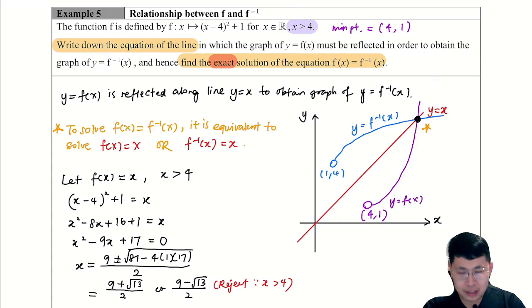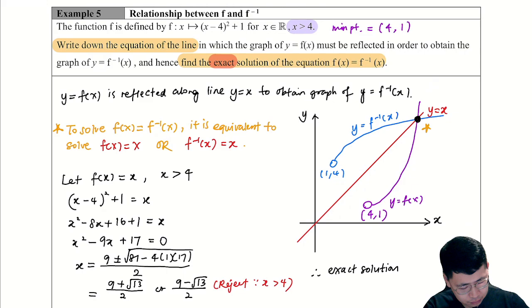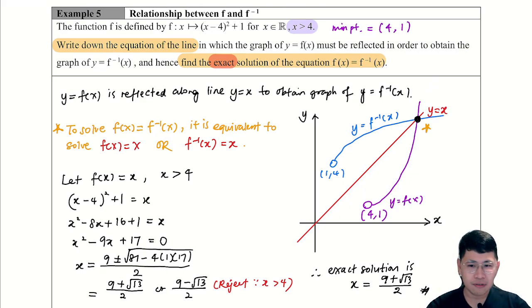Okay, so since x is greater than 4, the exact solution is x equals 9 plus root 13 over 2. Okay, exact means in surd form, in ln, in pi, in e. Okay, so this is what we'll need to do for example 5.